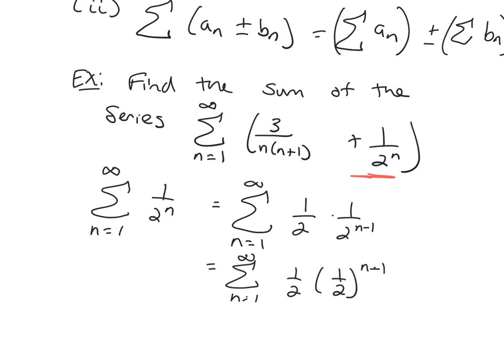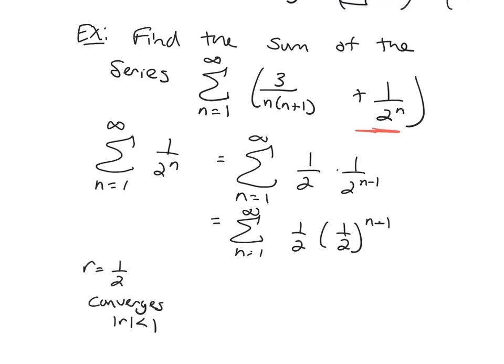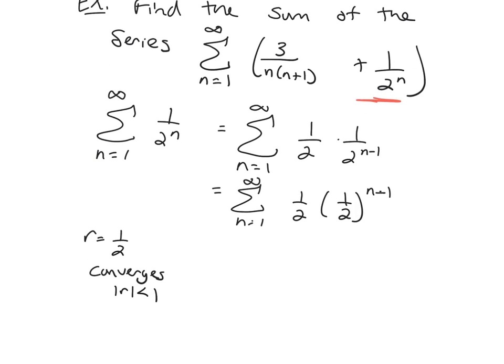What's my r? 1/2. So does the series converge or diverge? It converges. The condition is that the absolute value of r needs to be less than 1. Okay, and then remember how we find our sum here? I need to use my formula, a over 1 minus r.